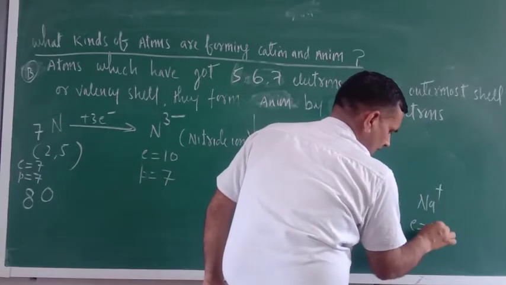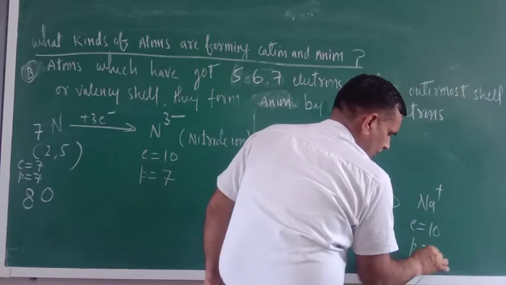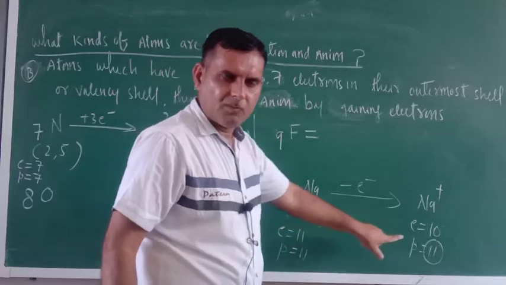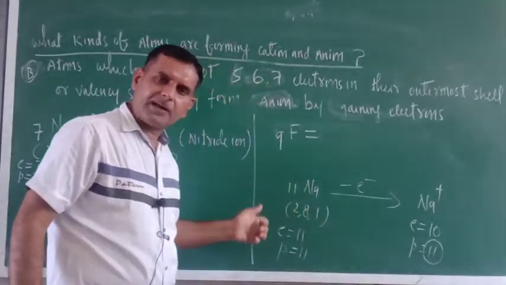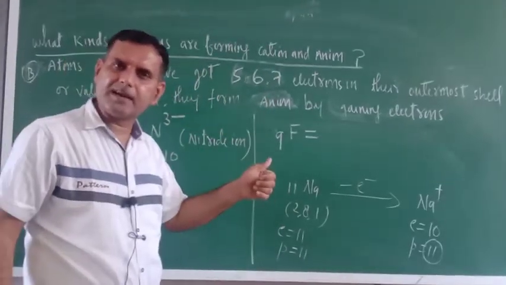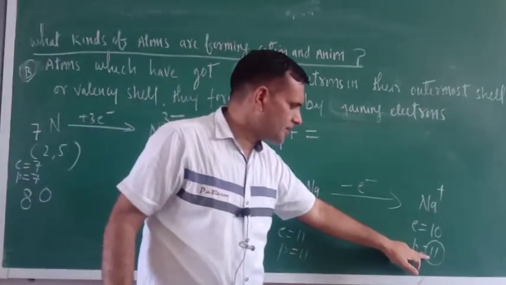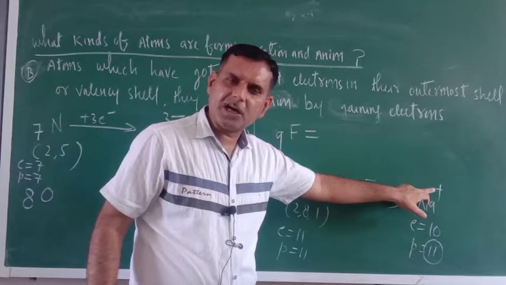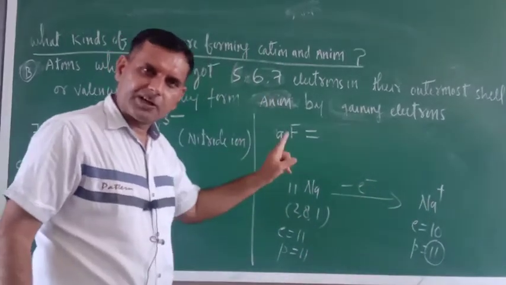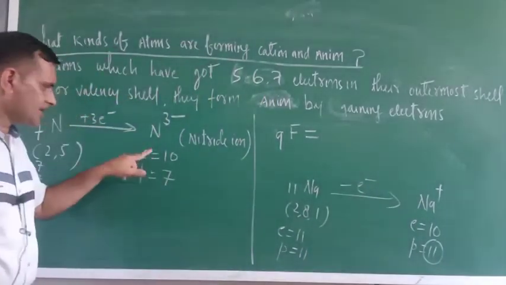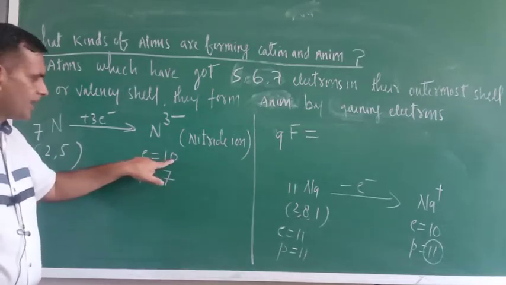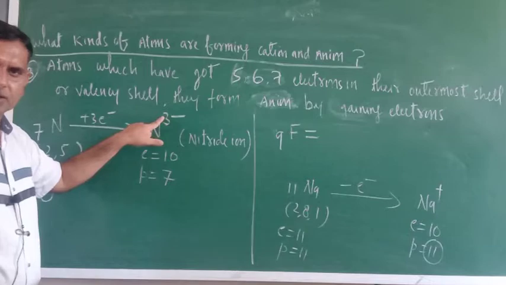Here electron equal to 10, proton equal to 11. 1 extra proton is there. The rule says that the number of electrons and protons should be same, but here 1 proton is more and proton is having positive charge. That is why 1 positive charge is here. Correct? Electron is having negative charge. Here just see, 3 electrons are more. Just see, 7 protons, 10 electrons. So 3 negative charge. Okay?